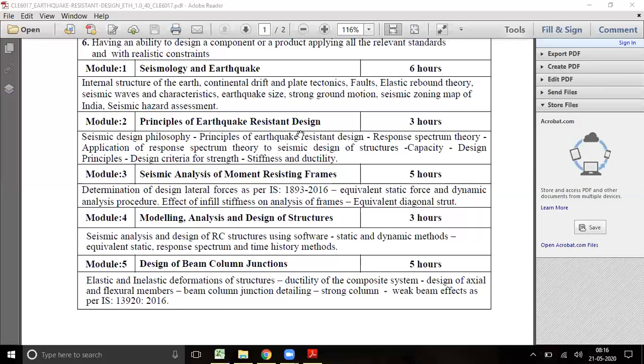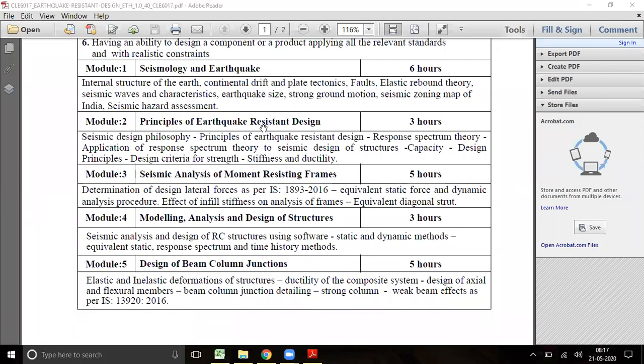From that fault, when and where earthquakes occurred in the previous history, you should identify, along with the location, the distance, and the magnitude of the earthquake. Everything you should first collect from the seismology of the country. Then based on that, you should estimate the expected ground motion acceleration in a particular period of time. So that is seismic hazard assessment.